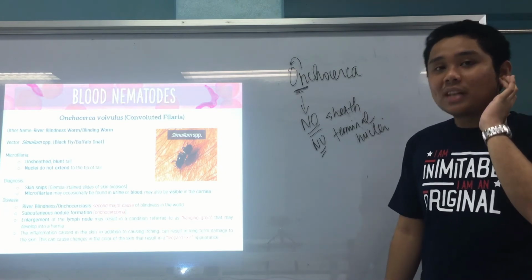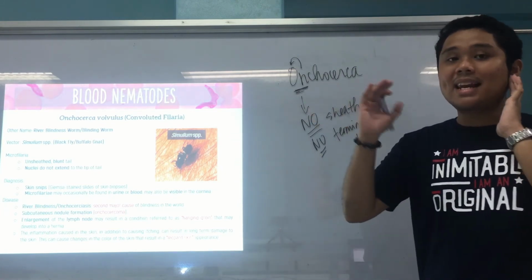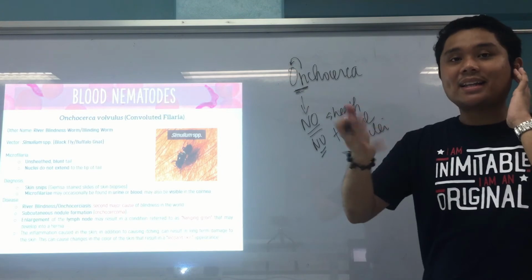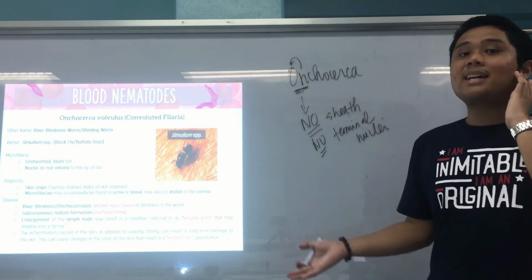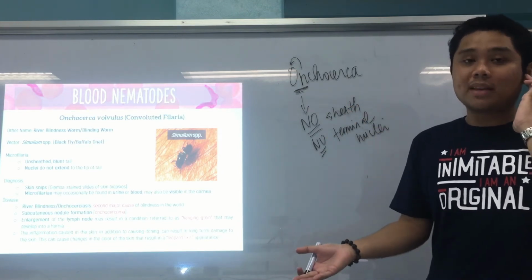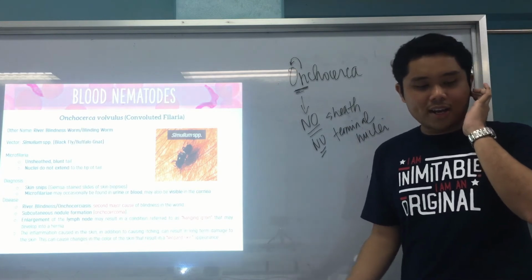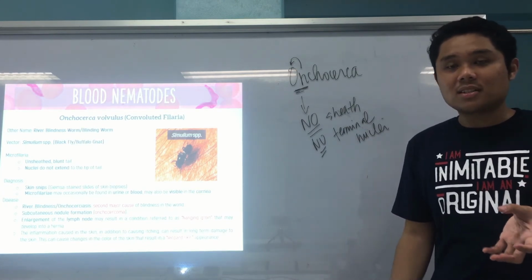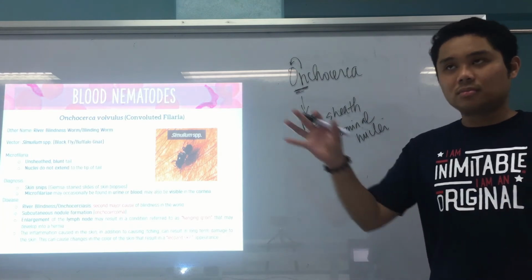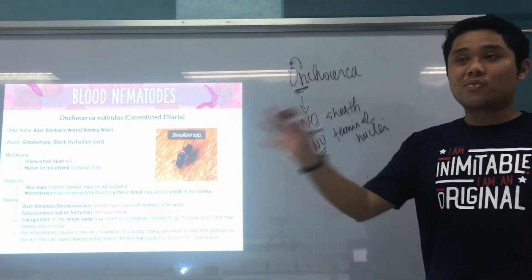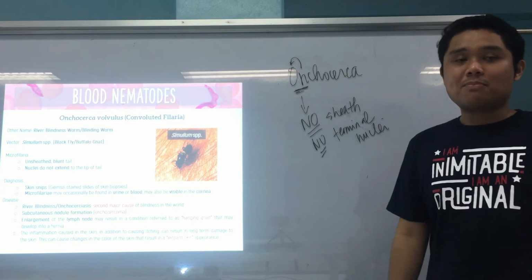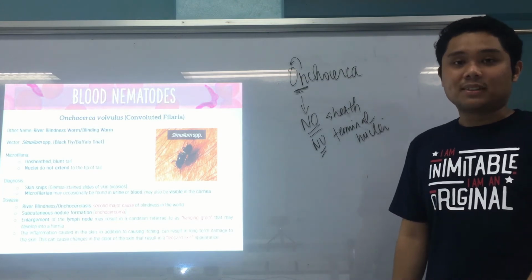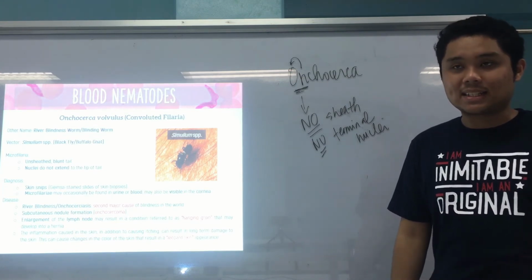The flies, Simulium spp, live and breed in the river. That's why it's river blindness. The vector comes from the river. And usually there are a lot of rural villages living near the river, so the vectors can infect the people living near the river. That's why it's called river blindness.